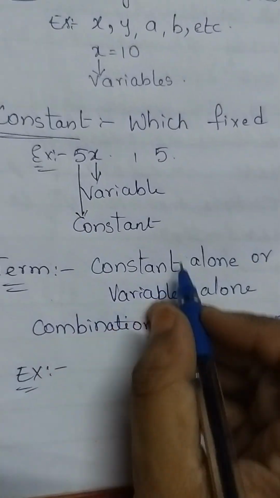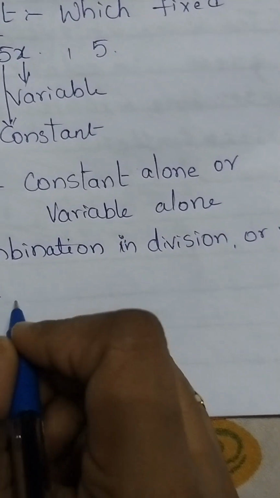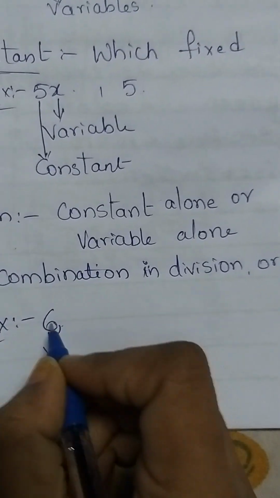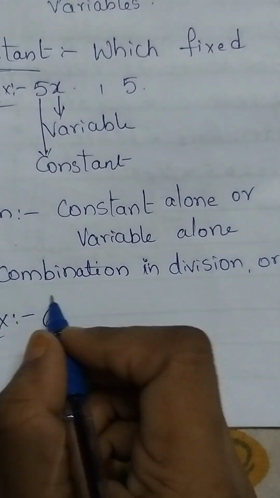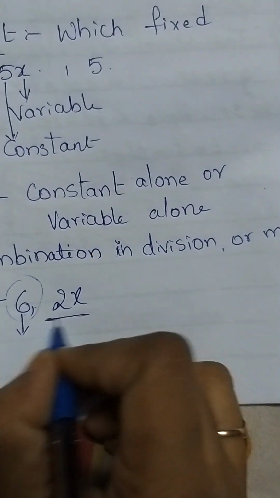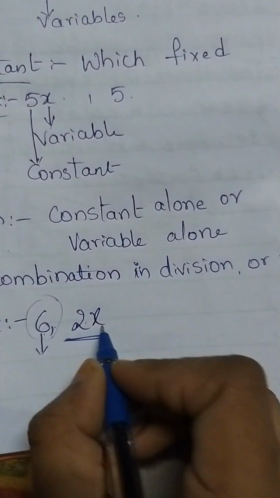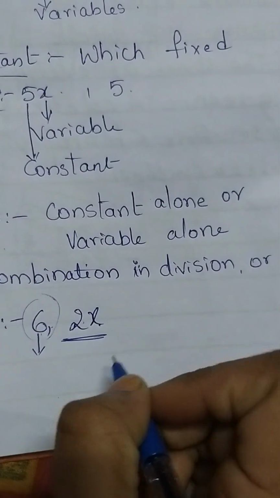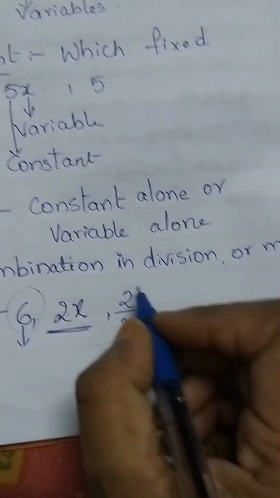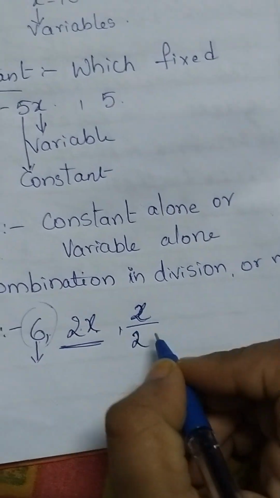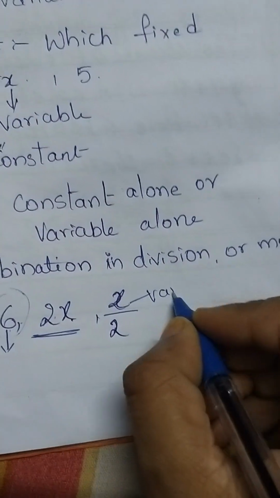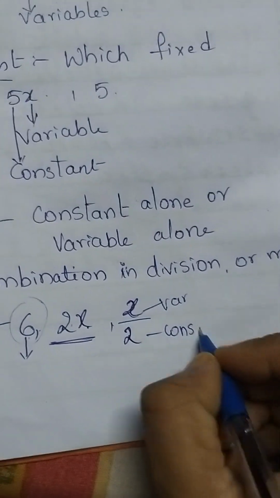If you can't understand by definition, see for example 6 here. 6 is a constant alone, a constant number here. This is also called a term. If we write 2x here, this is also a term, a combination of a variable and a constant. And let us take 2 by x, x by 2. x by 2 is a combination of a variable and a constant.